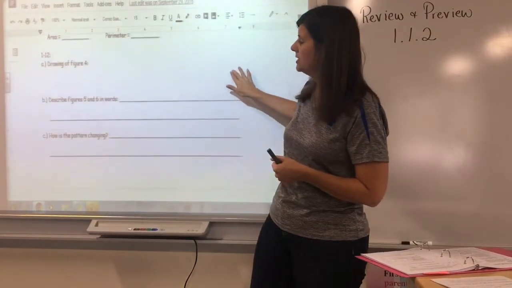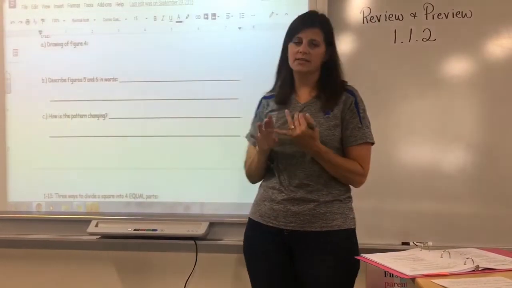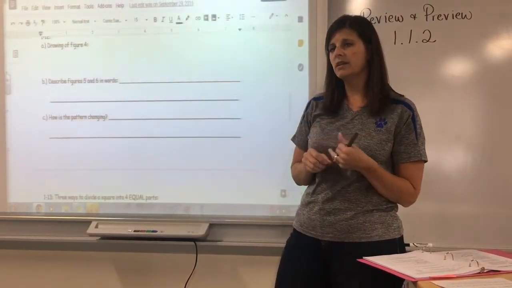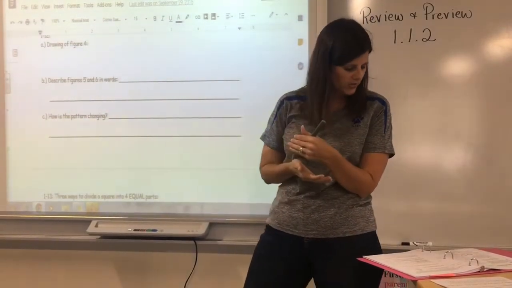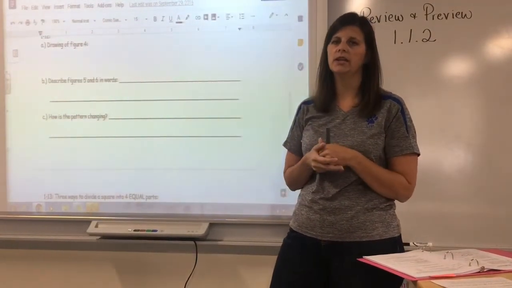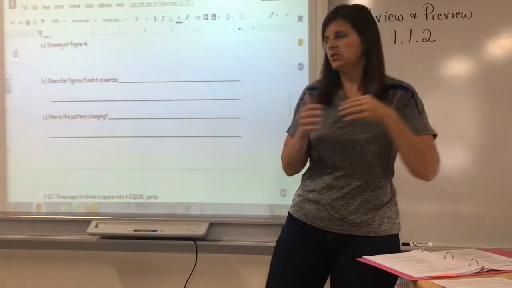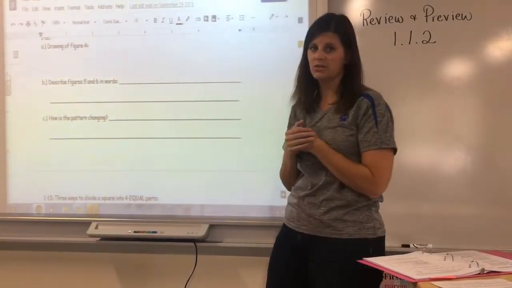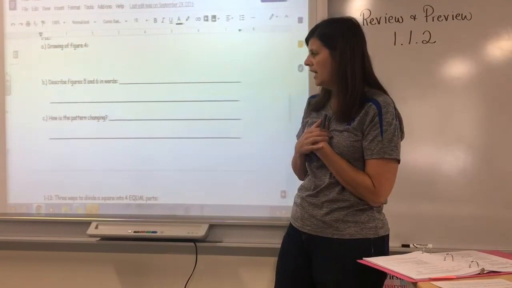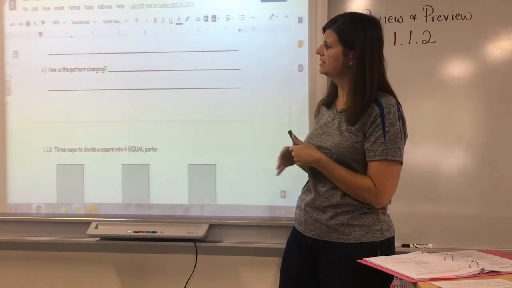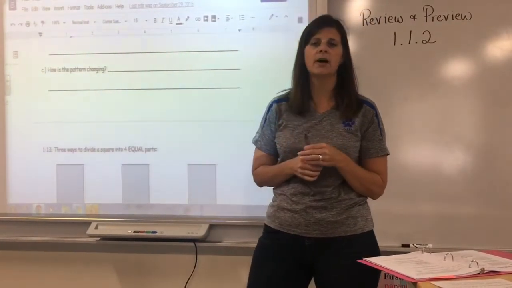Then for part B, it doesn't say draw, it says describe. So using some words, tell me what figure 5 and figure 6 will look like. Figure 5 will blank. Figure 6 will blank. Show me a sentence, use some punctuation, start off with a capital. And for part C, once you have figured out what the pattern is, part C asks, how is the pattern changing?